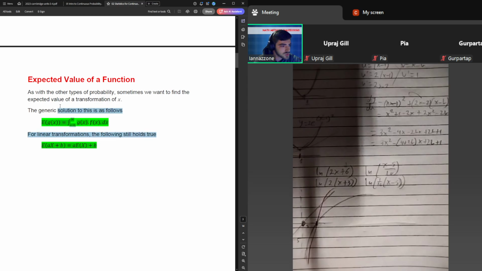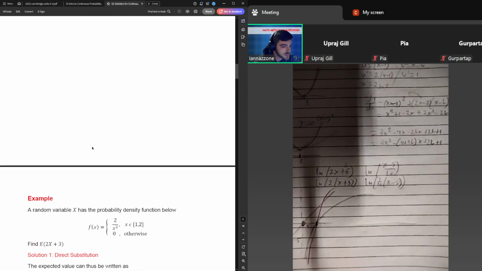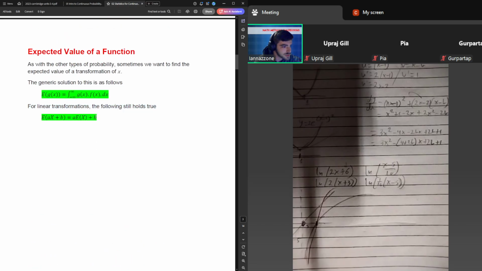Why not? We'll talk about it briefly. This will only really be a book thing. This hasn't actually come up in any exam scenario.